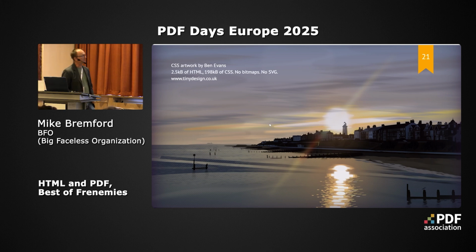This is a screenshot of that, because displaying it even in a fast browser takes about 2 seconds, and because the PDF version of this presentation is tagged, and I didn't fancy having to tag this. So the artist is Ben Evans. He's a very clever man. He publishes the source for these artworks on his website. It is worth a look just to see how he abuses the CSS to produce these images. Debugging this in our HTML to PDF converter was hell.